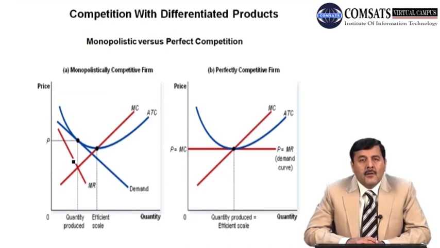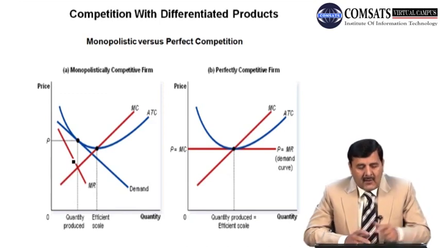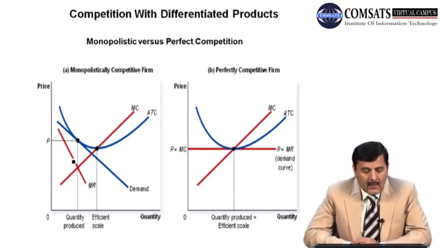In order to show the normal profit in the long run, we need to draw the cost curve, the average total cost curve, which you can see. We have tried to make it tangent to the demand curve at some point.